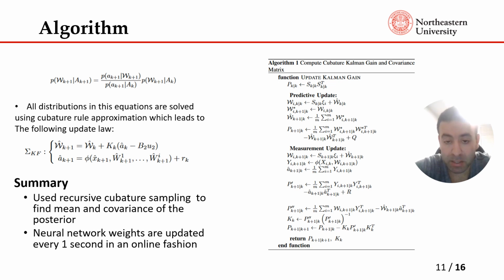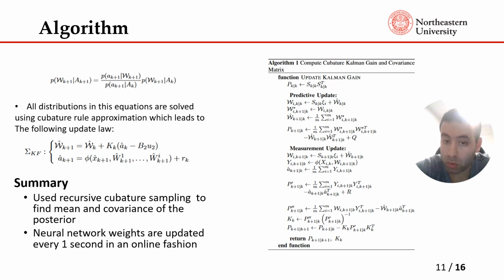We summarize this Cubature rule approximation algorithm in Algorithm 1, where we start with a known initial covariance P_k and initial known weights w_k, which in our case would be w_0 if we don't know the weights, and we start with an unknown covariance.